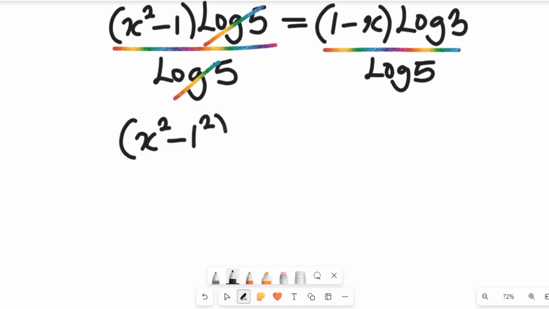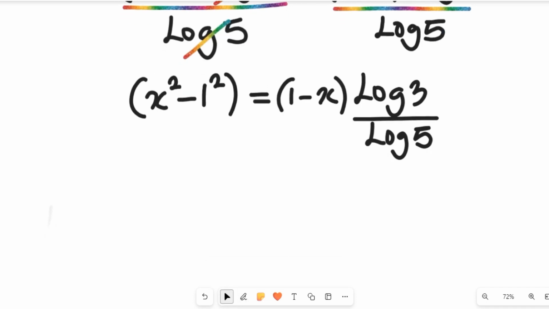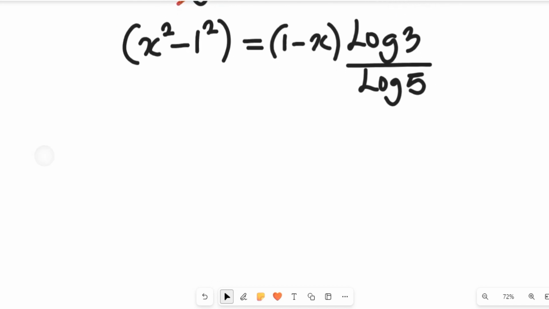I've not changed anything, and that will be equal to 1 minus x, right, log of 3 divided by log of 5. So I didn't change anything because 1 squared is still the same thing as 1.